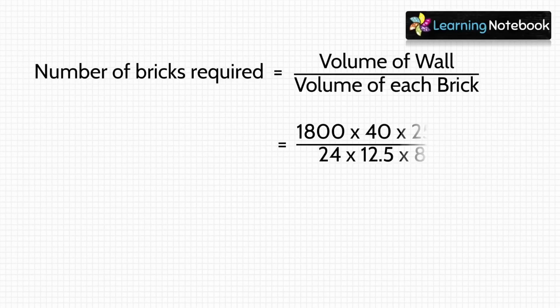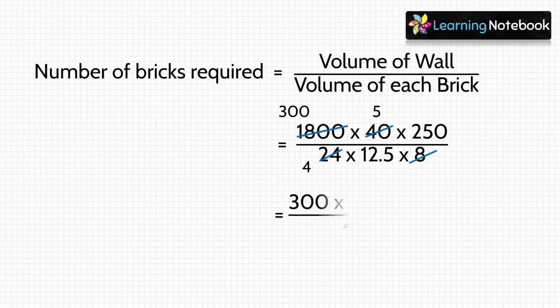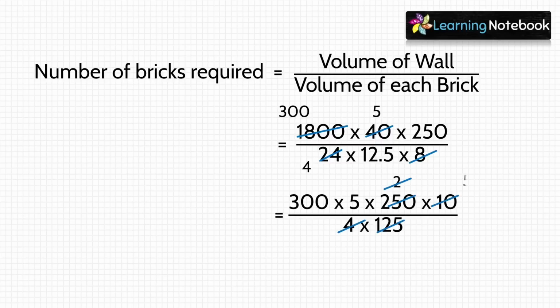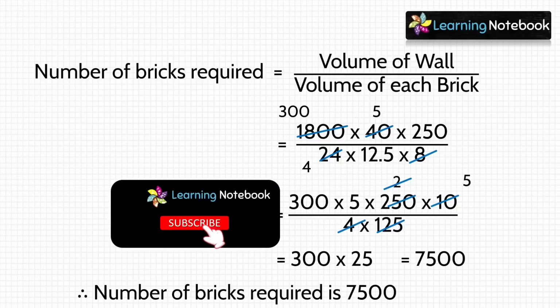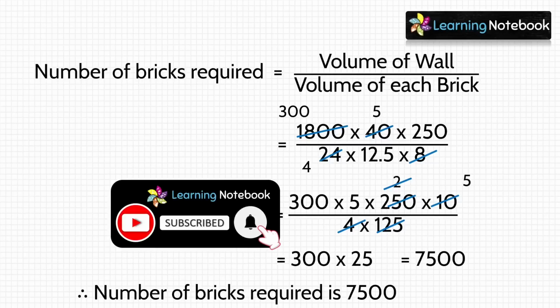So let's put the respective values here and simplify as shown here. So we get the number of bricks required equals 7500. So students, in this way we can solve questions on volume.